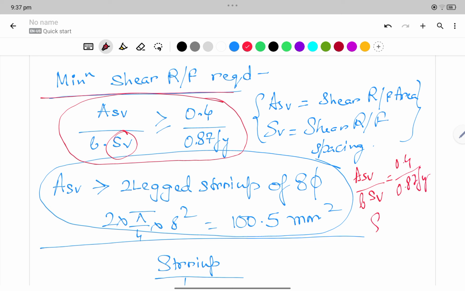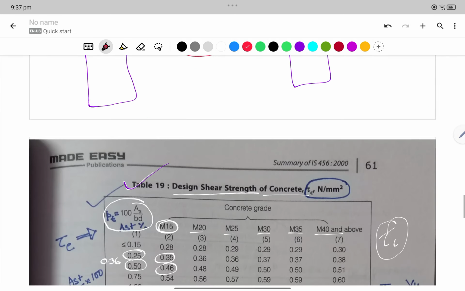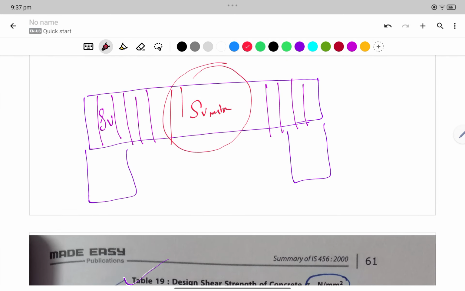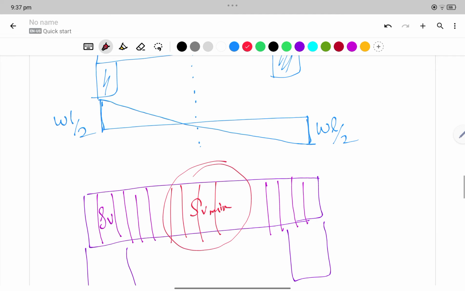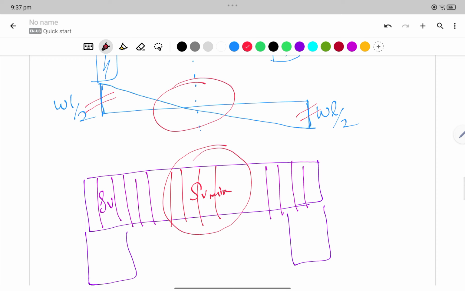In the middle part the shear force is negligible. At the support the shear force is maximum, so the spacing is lesser at the support.